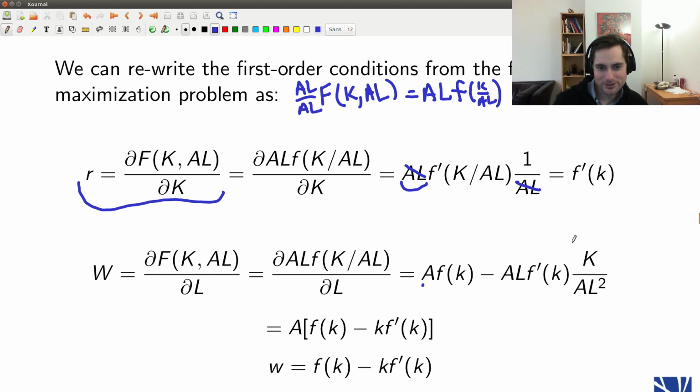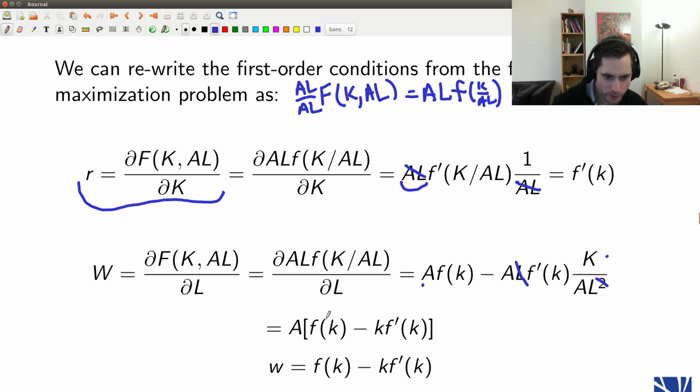There's going to be a negative, and then we're going to end up with an A up here, which cancels with the squared A in the denominator, so we only have a single unsquared A in the denominator when we're done. Okay, so one of these, this is going to cancel out.